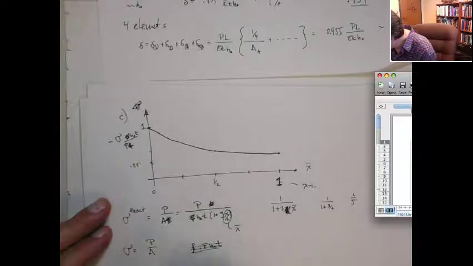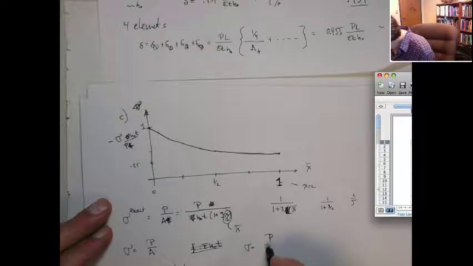And then, so we write the area as some factor times H naught T, right? And so then we can get the stress is P on that H naught T times 1 over that factor.